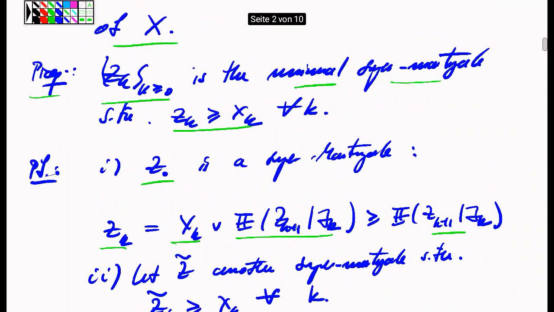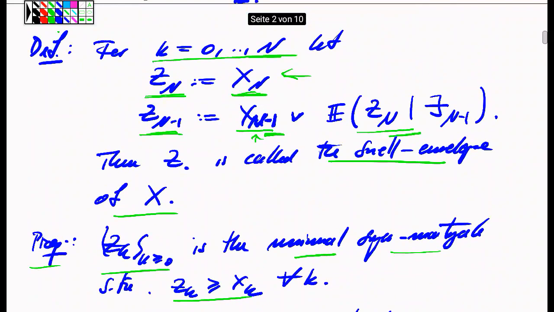And why is it so? Well, if you look at the definition here, basically the Z process tries to represent the balance that we have when we have still some options left regarding the future and executing today. And so as time progresses, we have less and less options, or less and less possibilities to hope for a better evolution of the underlying randomness that would help us in the end.